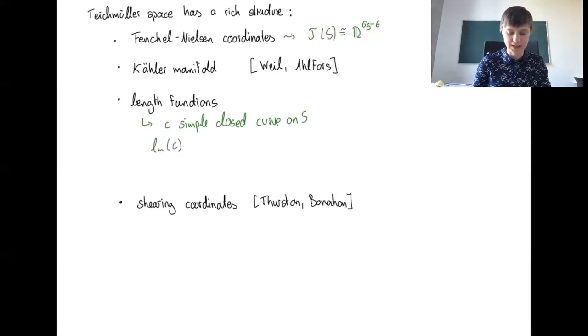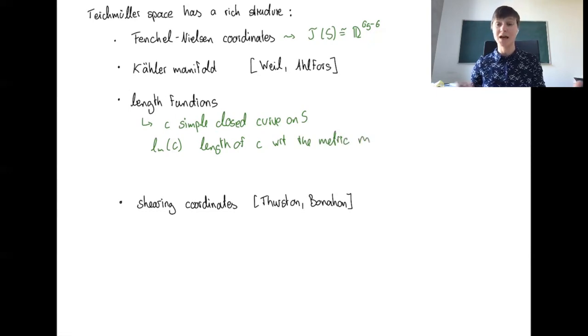So l_m of c is the length of c with respect to the metric m. What can we do with these lengths? They can be used, for example, to compactify Teichmüller space, and this compactification is the Thurston compactification.